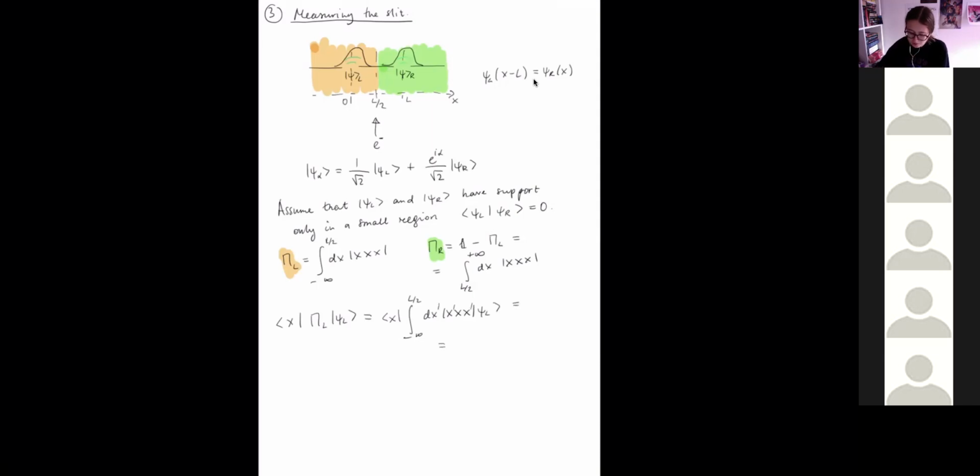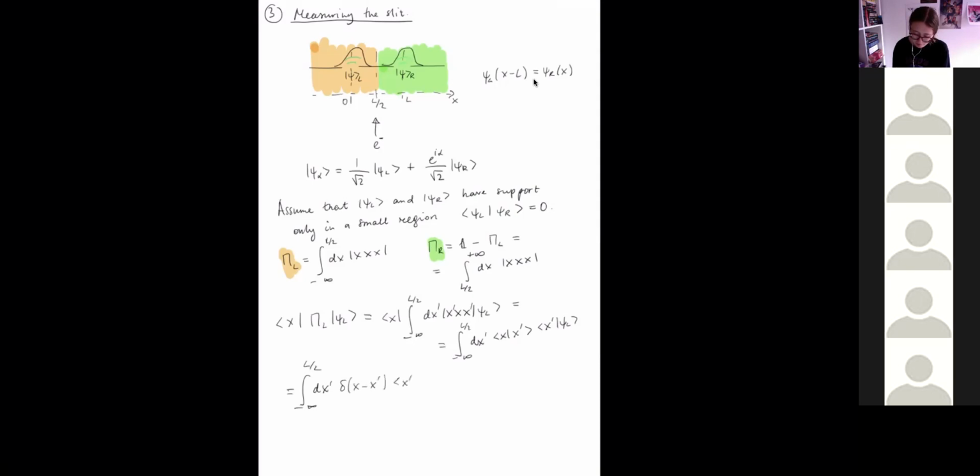Then we have the integral from -infinity to L over 2 dx prime, the bracket of x with x prime, which as we remember is just a delta function, delta of x minus x prime.